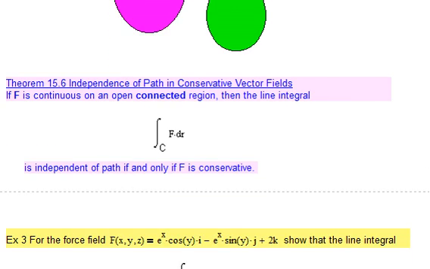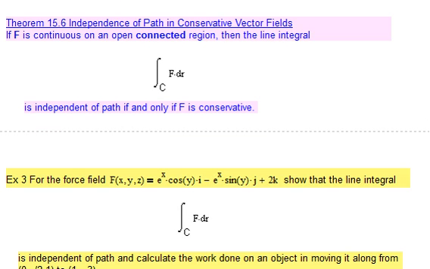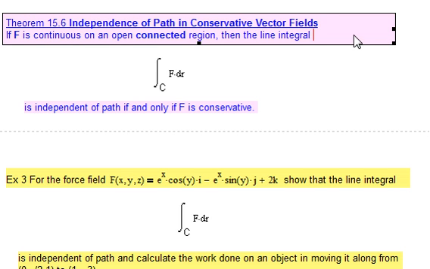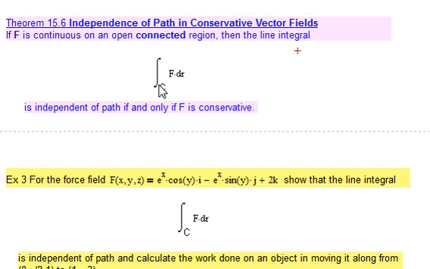So, independence of path in conservative vector fields, theorem 15.6. If f is continuous on an open connected region, then the line integral over curve C, f dot dr, is independent of path if and only if f is conservative. In other words, if f is a conservative vector field, then this line integral is independent of how you get from one place to another.